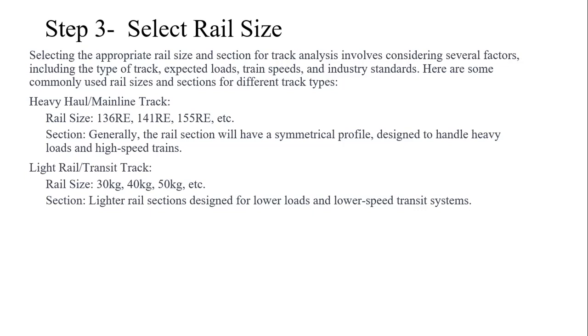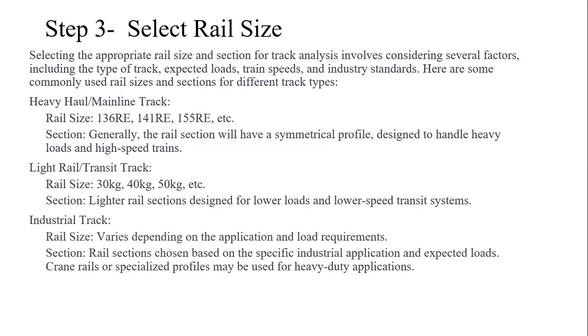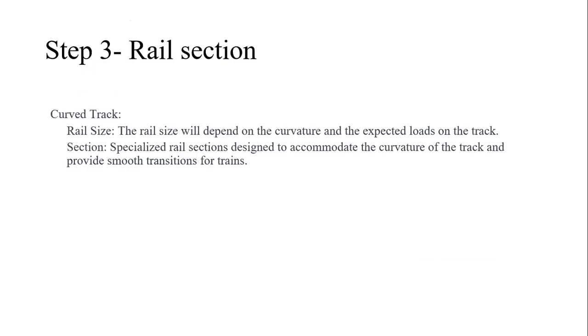Then lighter sections are designed for lower loads. For industrial track, it depends upon the loading requirement, and we have rail sizes other than those that are normal. Then for curved track, it again depends on the curvature and expected loads on the track.